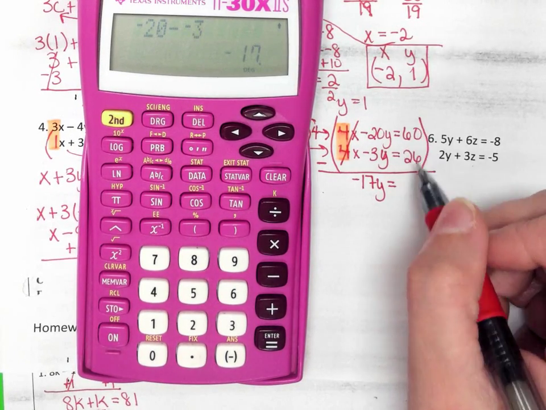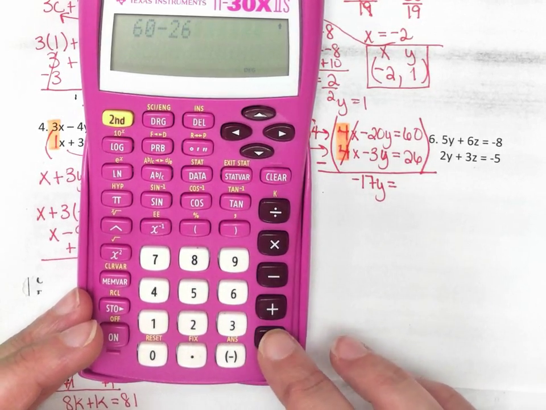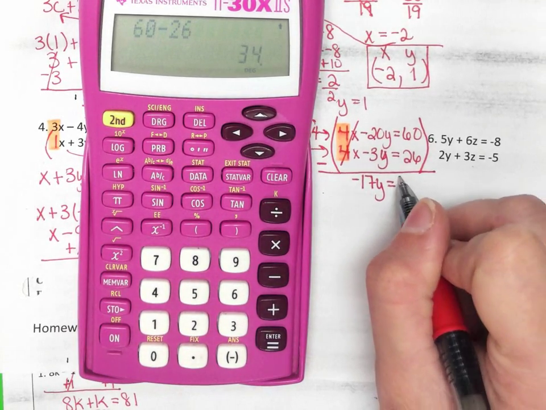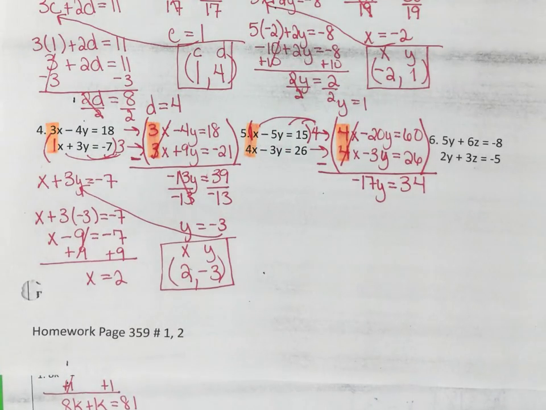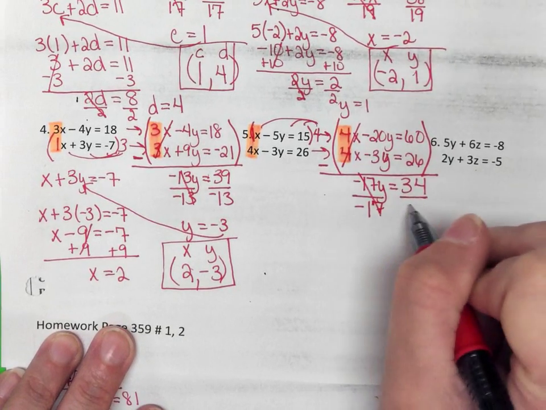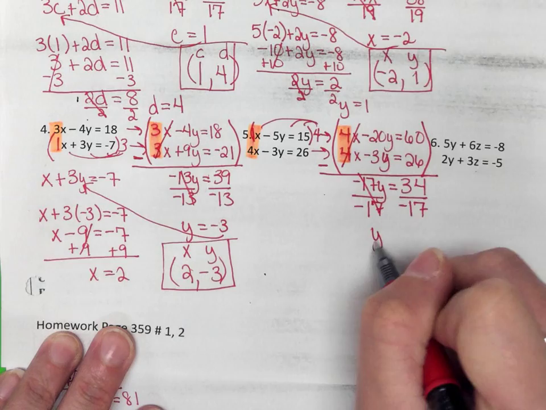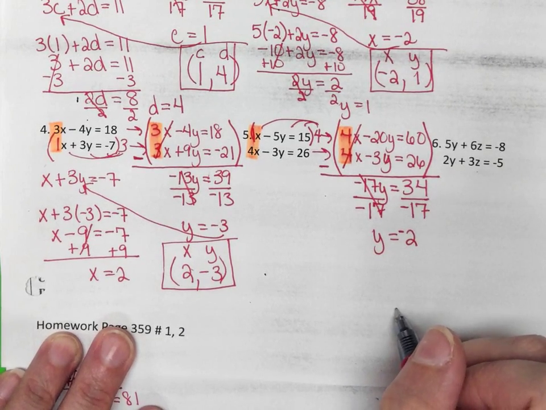And then make sure you subtract these two. 60 subtract 26 is 34. Alright, then we divide by negative 17. So y equals negative 2.